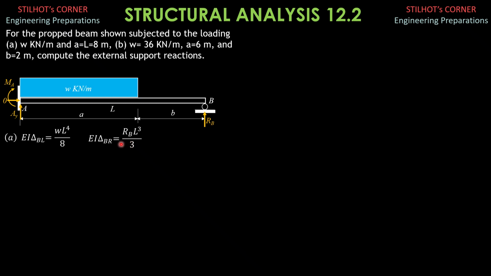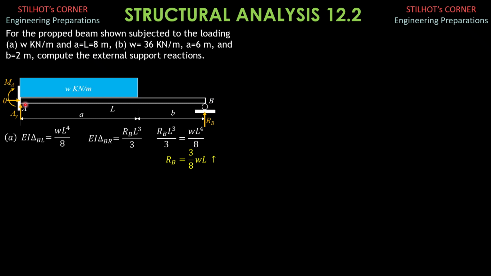Equating the absolute values, this is downward deflection and that is upward, they should be equal because there's no net support movement at B. So RB L cubed over 3 equals WL to the fourth over 8. From here, we can compute RB, which is 3/8 WL, upward. That's the reaction at B when the beam is entirely loaded.